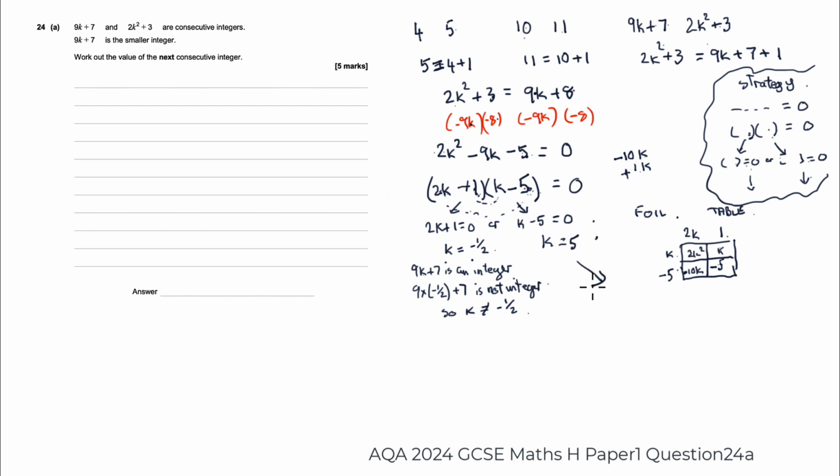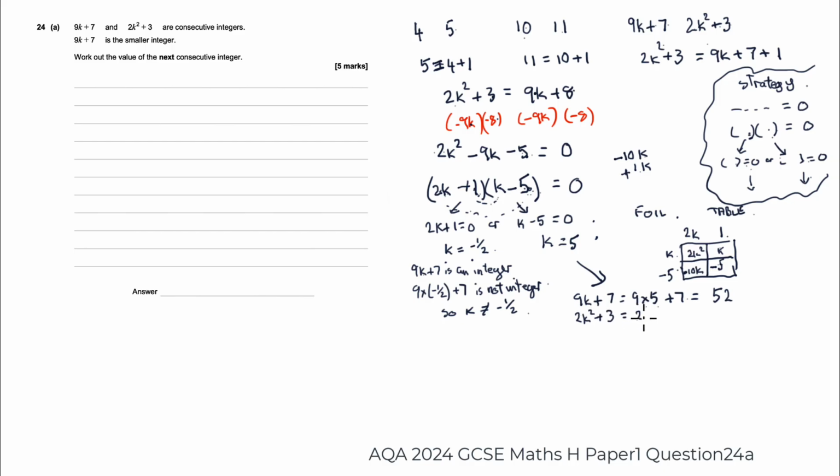And let's move on from that. 9k plus 7 would give us 9 times 5 plus 7. That's 45 plus 7, which gives us 52. Let's look at 2k squared plus 3.